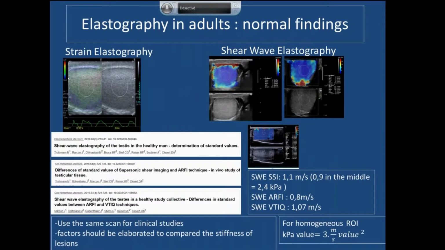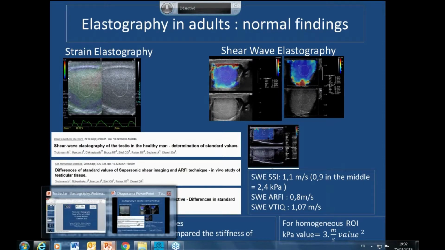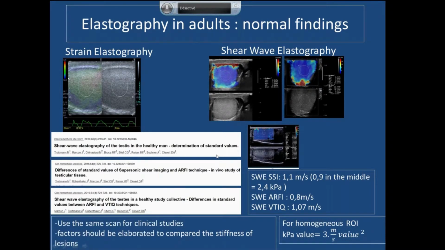First, elastography in adults. What are the main results? Whatever the way you perform elastography, strain elastography or shear elastography, the result is that testes are really soft.